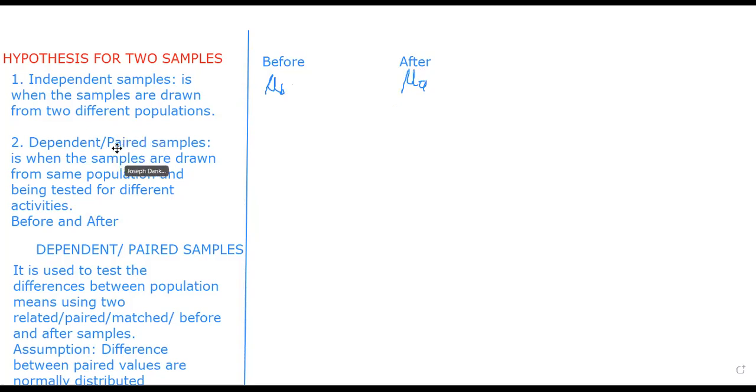stating your null and alternative hypothesis will be difficult if you don't use this mu B and mu A, because at times you get a question and you don't know how to formulate your hypothesis. You get it?